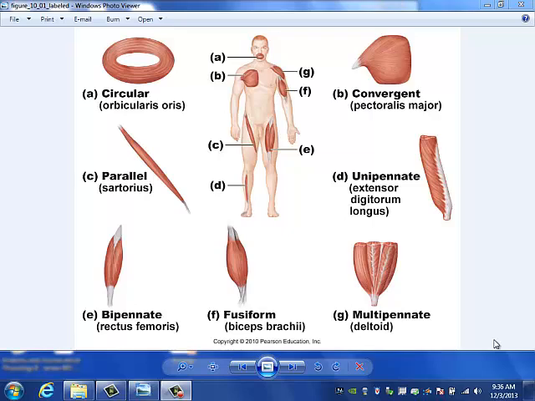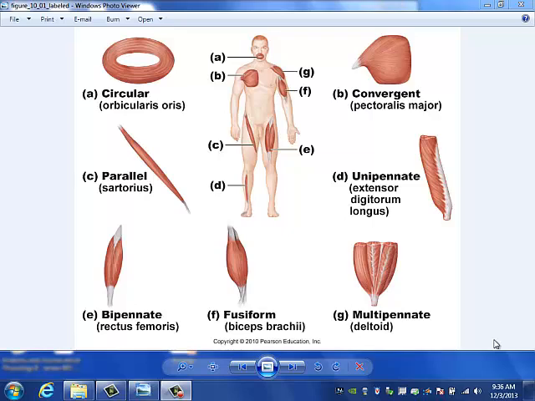All right, so when we talk about the naming of muscles, there's a couple of different factors that can be involved. The shape of a muscle, whether it's circular or parallel or pennate or convergent, might come into play when naming a muscle.